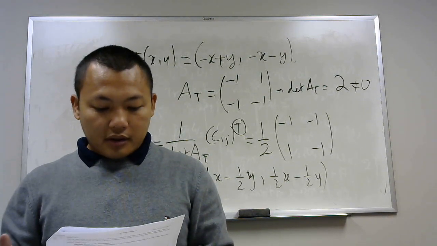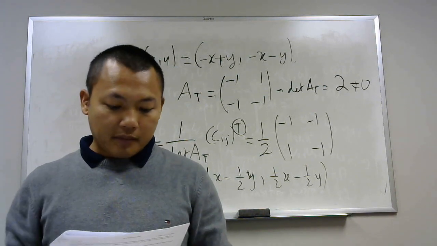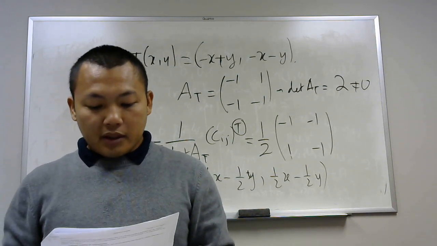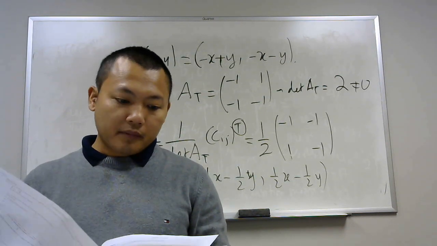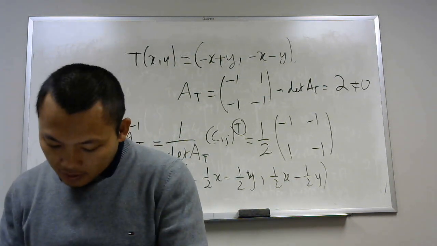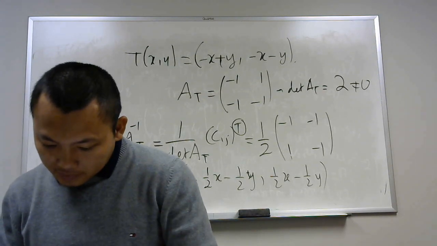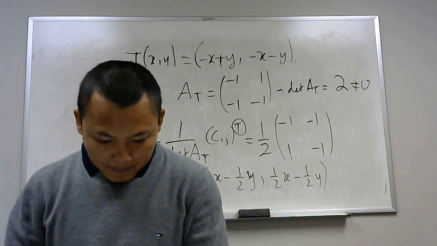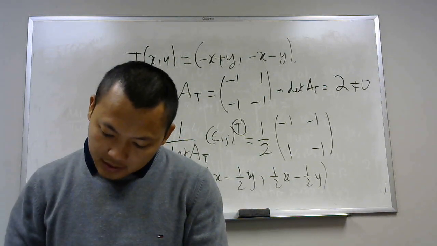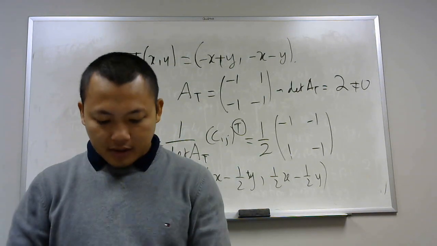In the next question, they give you some linear transformation from P2 to P2. We just had that problem from P2 to P2, right? Or maybe it's in the practice test.